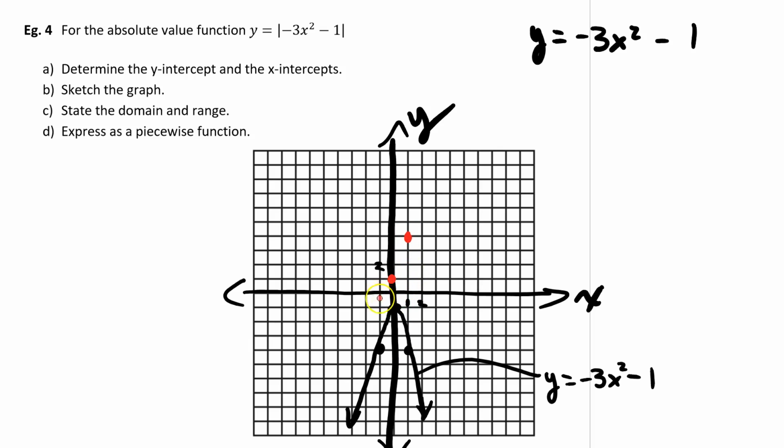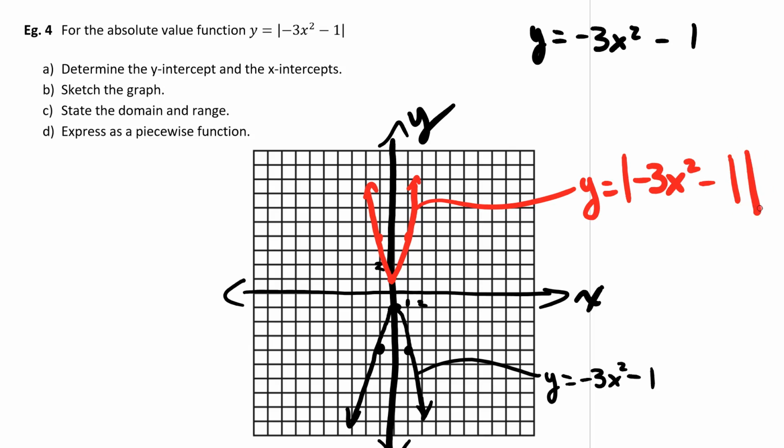And not negative 1, negative 4. We would have negative 1, positive 4. Okay. So then we would go like this, and we go like this. And we would say this guy right here is y equals the absolute value of negative 3x squared minus 1.